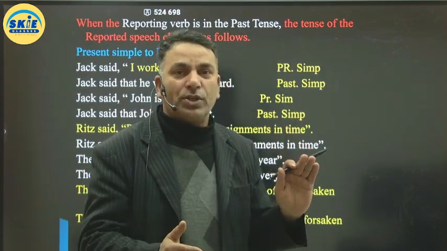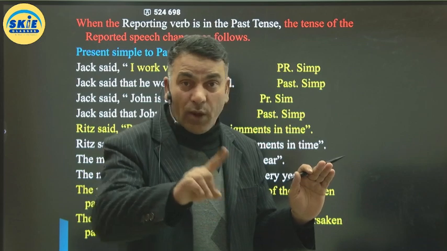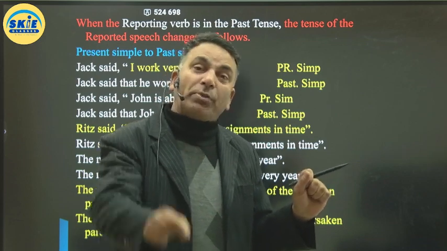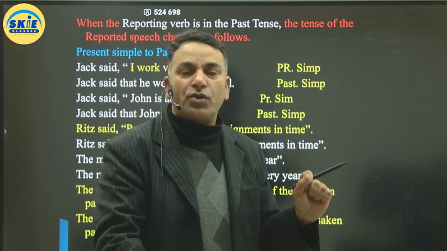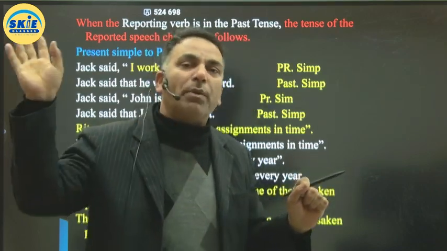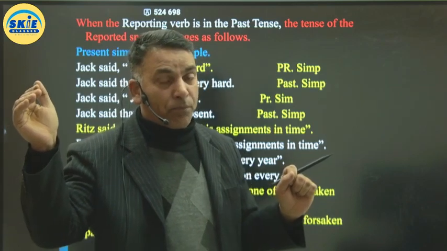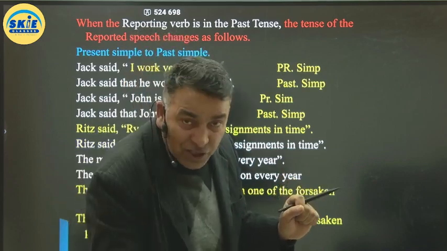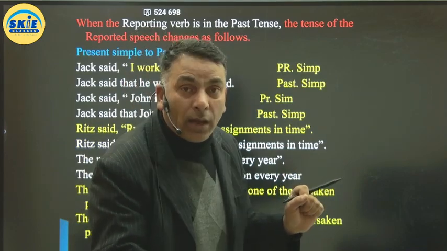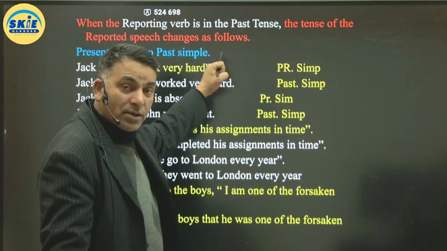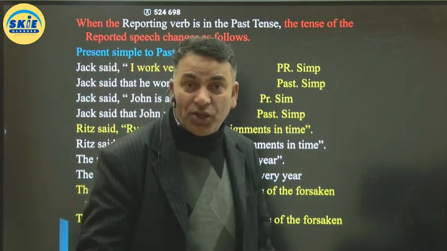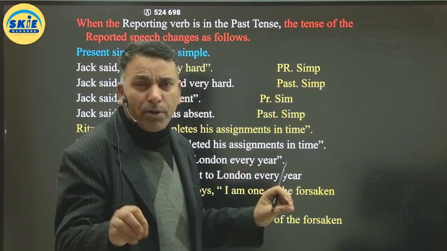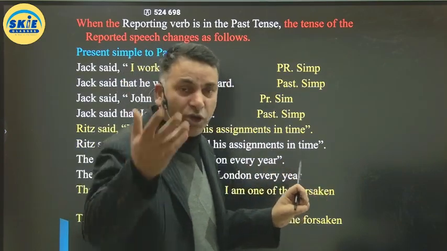Mostly it changes, except for one thing that we have already said, that the tense of the reported speech will not change if the reported speech itself is a universal truth, even if the reporting verb is in past tense. But in the rest of the cases, the tense of the reported speech does change when the reporting verb is in past. And how does it change? There are some rules, very simple and plain to remember. Most of you may know them and may need to refresh them.